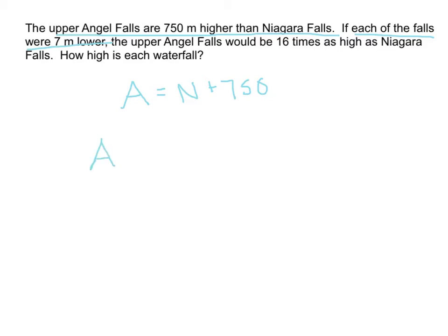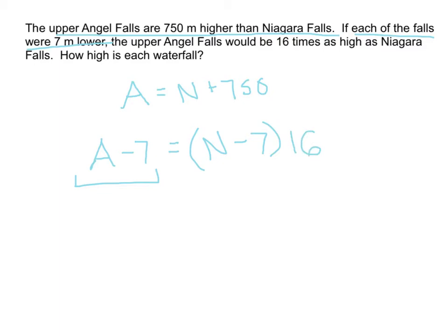So if each of them were 7 meters lower, the Upper Angel Falls would be, so that tells you your equal sign, 16 times as high as Niagara Falls. How high is each waterfall?